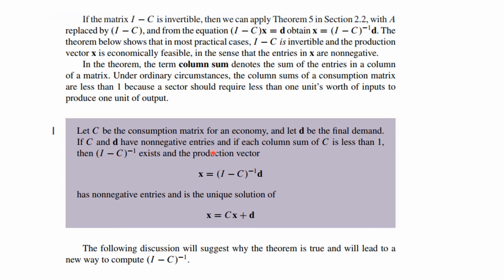If C and D have non-negative entries, and if each column sum of C is less than 1, then the inverse does exist. So this is I minus C, whole inverse. And the production vector can be found by multiplying on the left-hand side by I minus C inverse. So X is equal to I minus C whole inverse times D. And that has non-negative entries, and this is the unique solution.